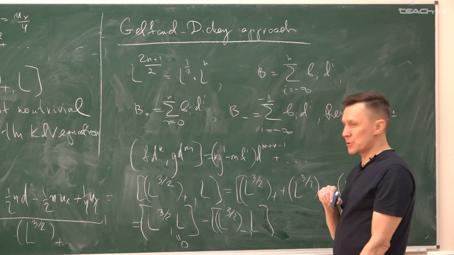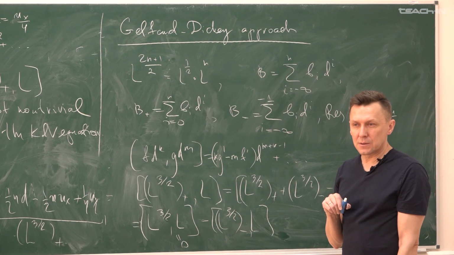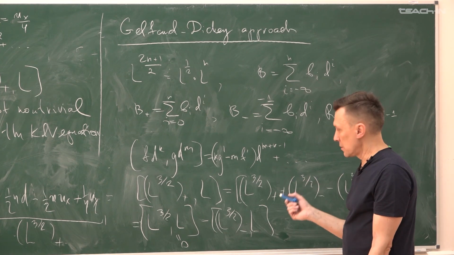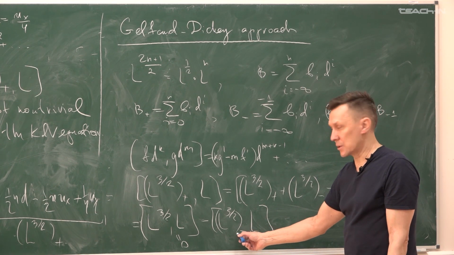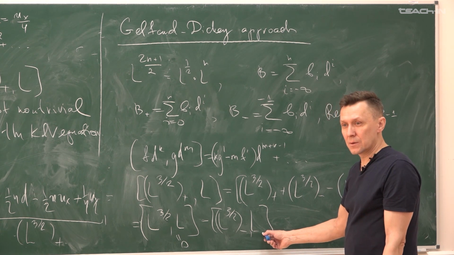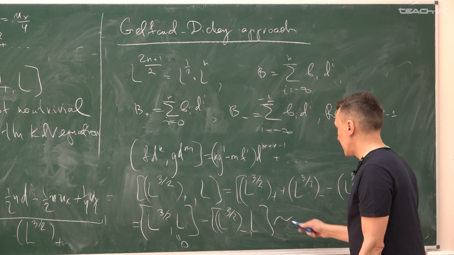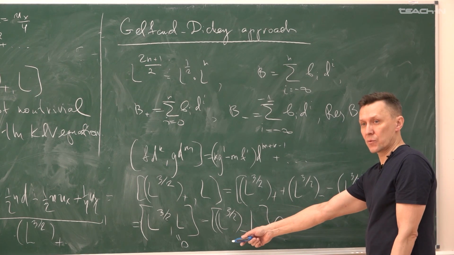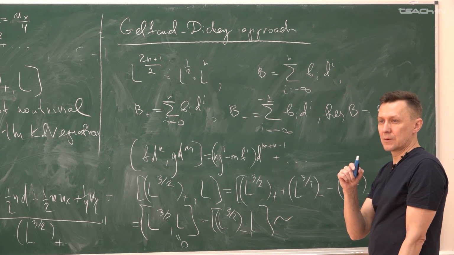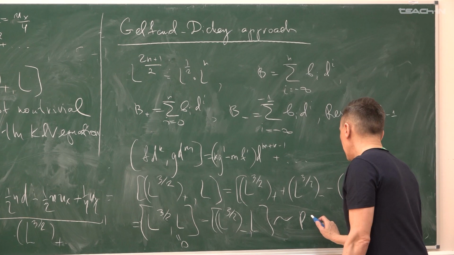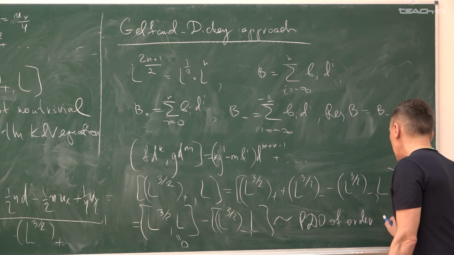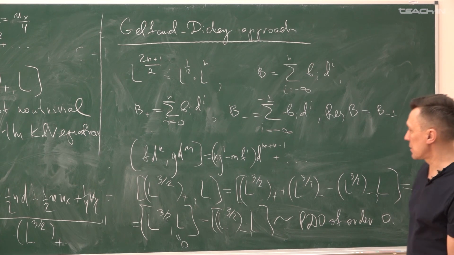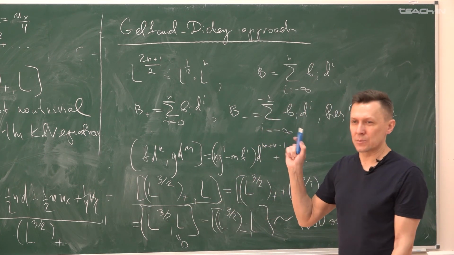And this is a pseudo-differential operator of order minus 1, this is an operator of order 2. It is a pseudo-differential operator of order 0. Differential operator of order 0. But you know that this is a differential operator.